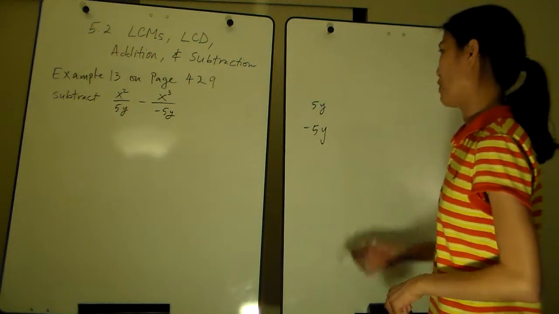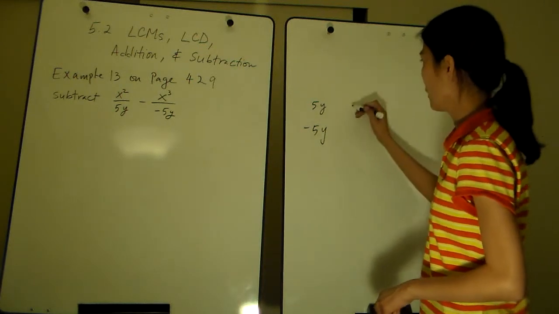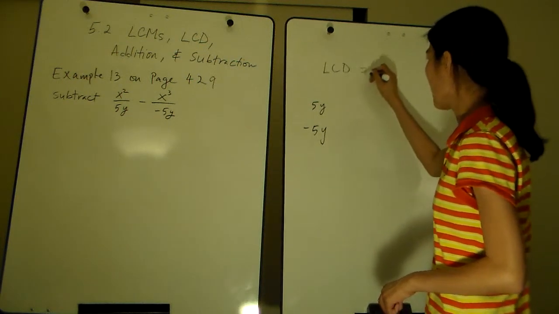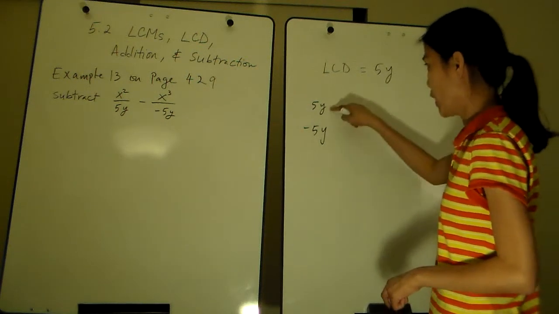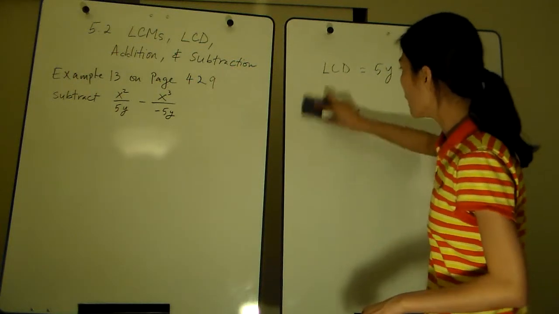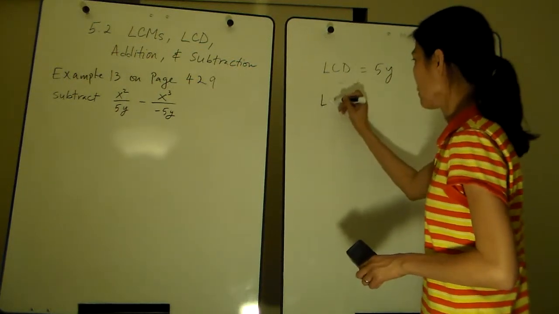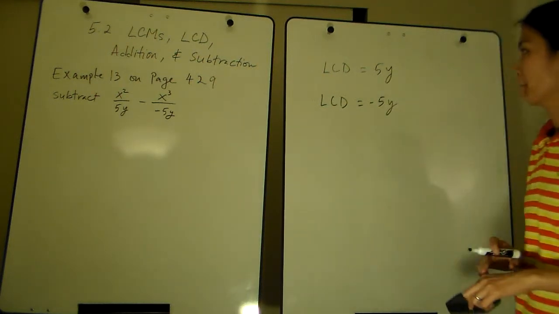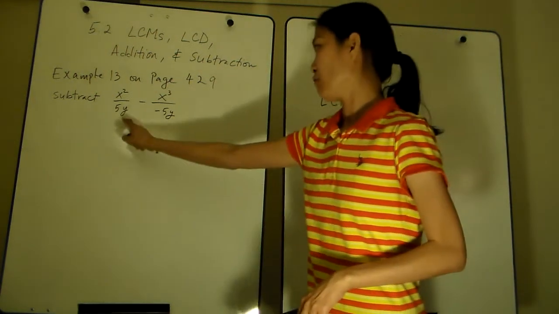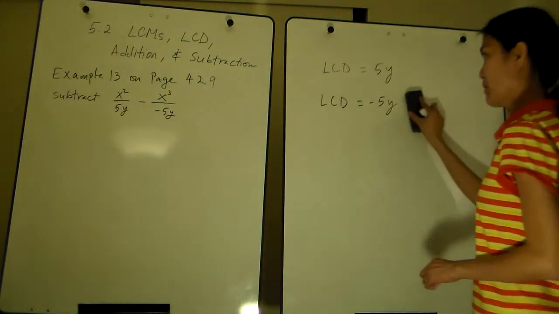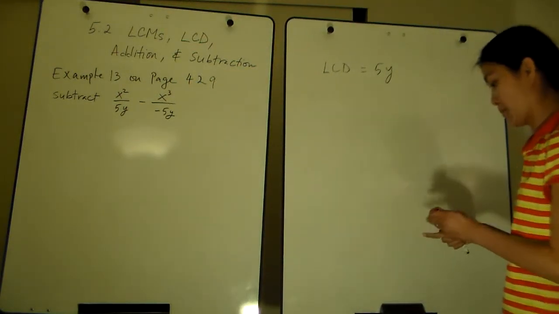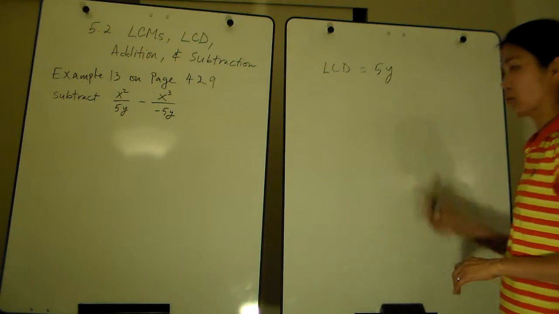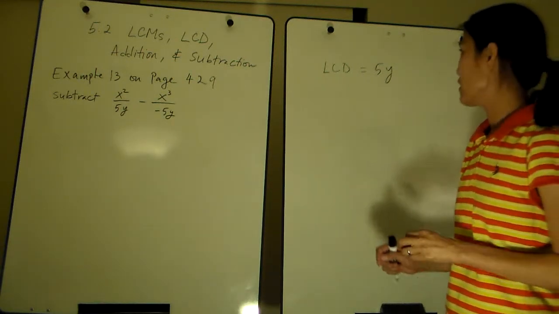Alright, again, your choice. You can make the LCD either 5y or negative 5y. But for simplicity, 5y is probably better. Alright, we'll keep the LCD at 5y.